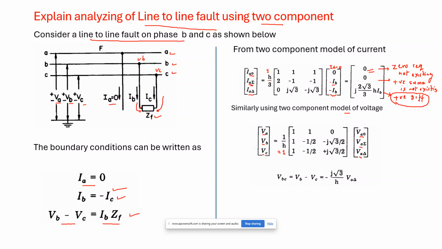In the exam also you can write, please replace this H by 1. Okay. Now from this equation, we can write VB, that is VB minus VC. So we can write one equation for VB. Okay. And then we can write equation for VC. Now subtraction of these two equations, we get minus j root 3 divided by H, H can be taken as 1, VA delta.